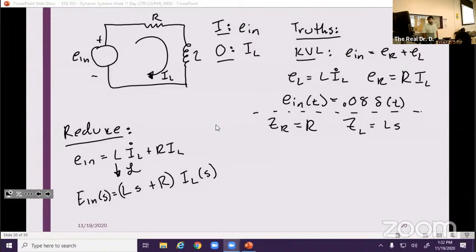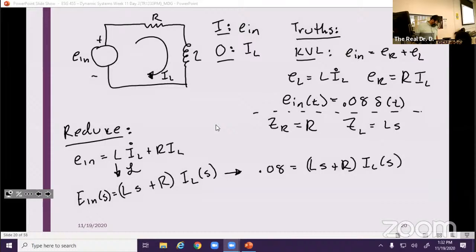Then I just regrouped my terms like this. I know what E in of t is, so the Laplace transform of E in of t is E in of s, which is just 0.08, equal to Ls plus R times I_L of s.